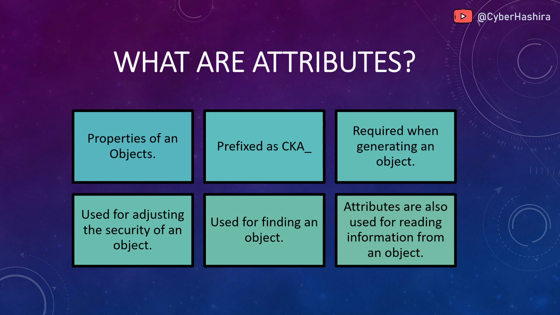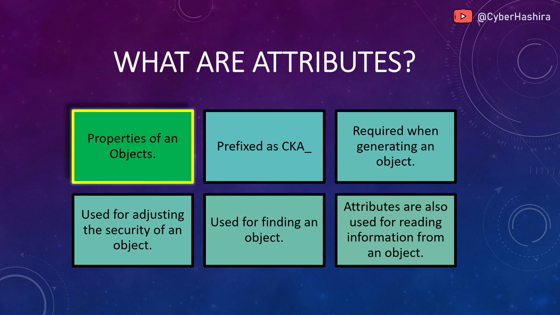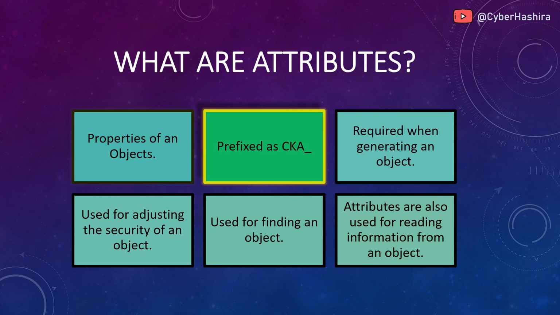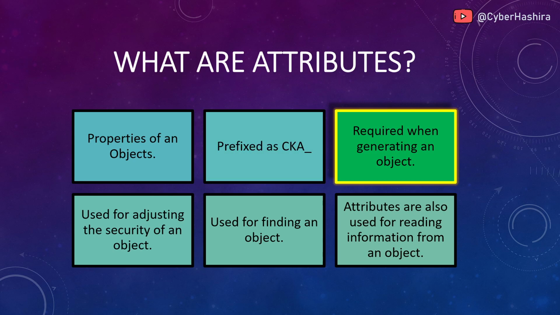Let's now talk about attributes. Attributes are properties of an object. They help distinguish one object from another. Attributes also decide what an object can do and what they can't. Attributes in PKCS 11 are prefixed with CKA. Attributes are required when you want to generate, create, or unwrap an object.